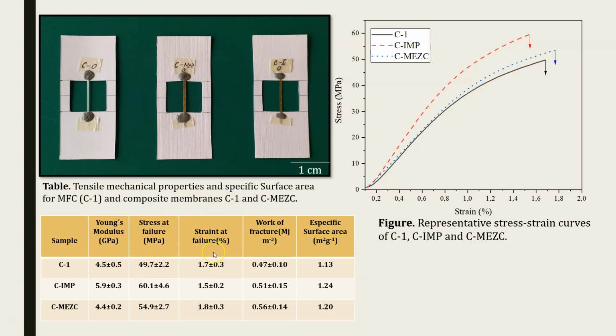Strain at failure does not show a significant difference between them. In the case of work of fracture, this value indicates that the material presents a layer-to-layer delamination mechanism. Remember the field emission scanning electron microscopy image? And finally, the specific surface area of this material is not affected by the presence of polyketone.